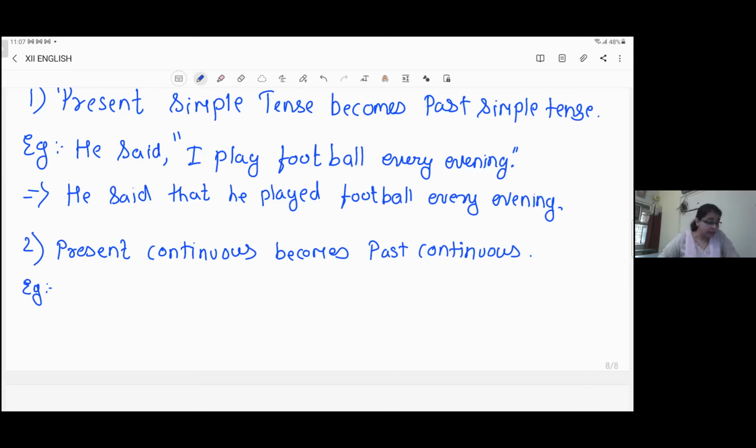Clear? Right. He said, I'm dictating it, write down, He said, I am playing football. So presently he is playing football, present continuous. Now you have to make it past continuous, that is, into indirect speech.